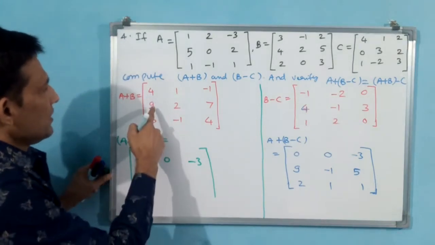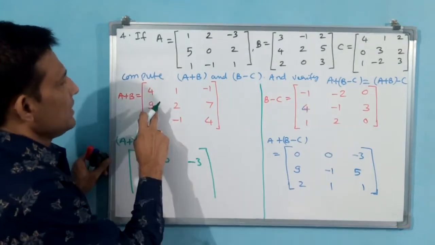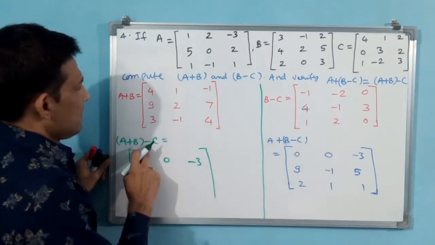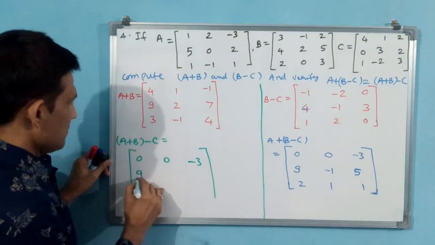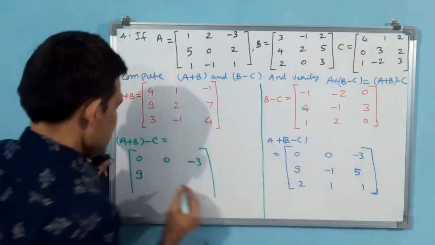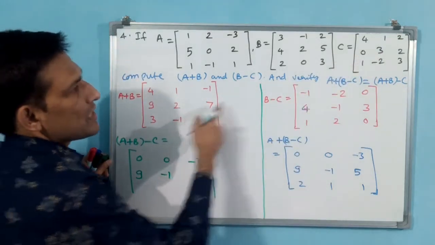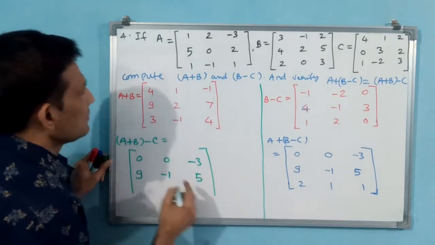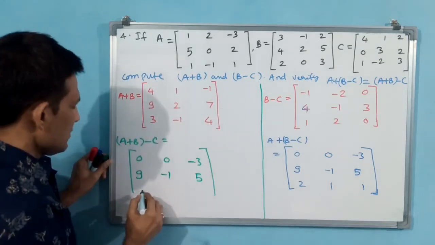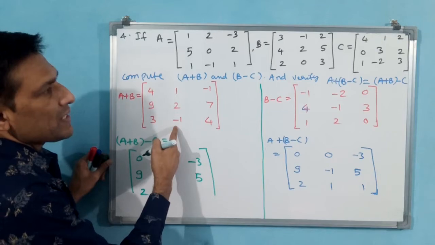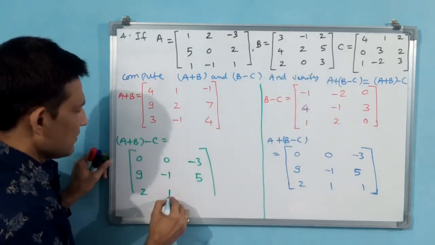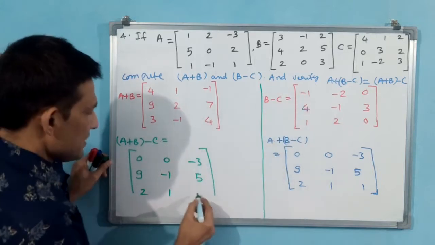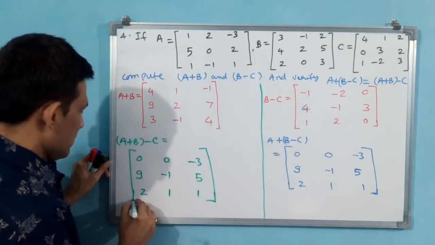Okay, now 9 minus C. All minus we have to do. 9 minus 0, 9. 2 minus 3, minus 1. 7 minus 2, 5. 3 minus 1, 2. Minus 1 minus of minus 2, plus 2 minus 1, 1. 4 minus 3, 1.